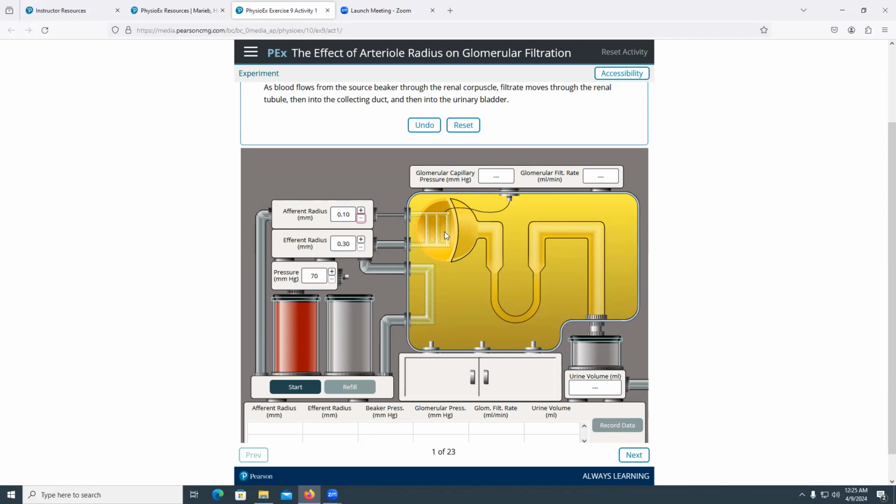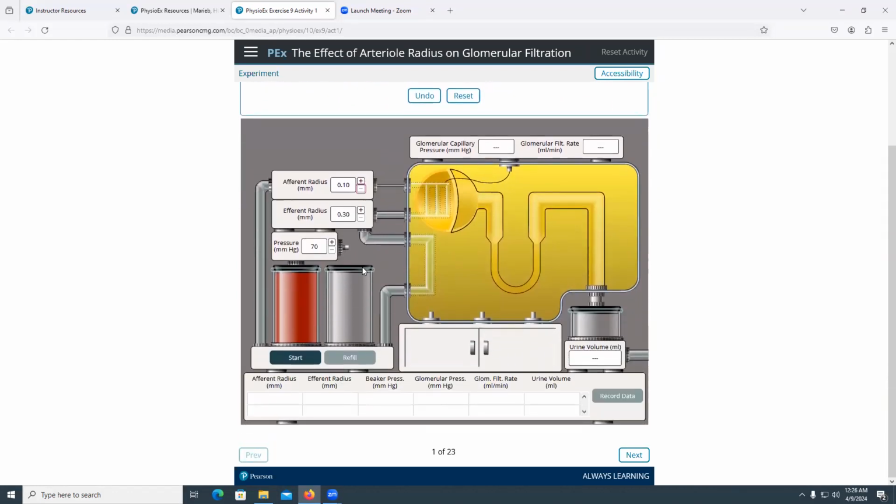Then we exit through the efferent arteriole. These are our peritubular capillaries, and this is the renal vein, and then the blood will be successfully filtered, as in dialysis.